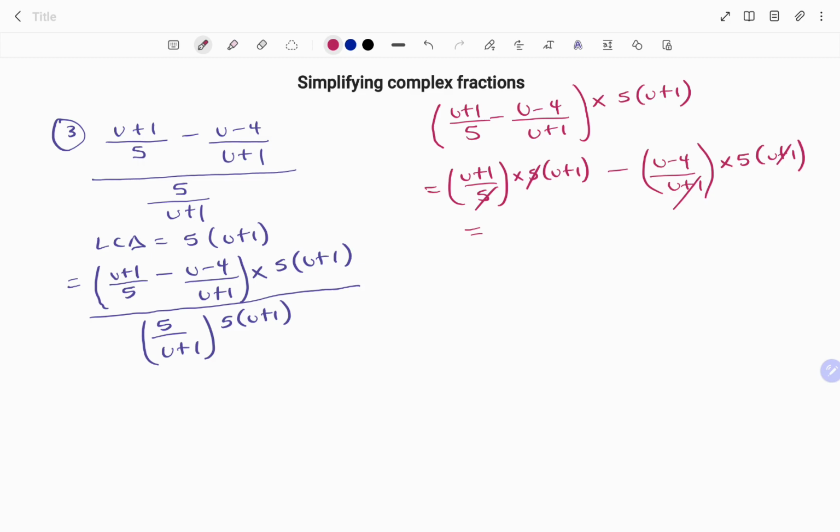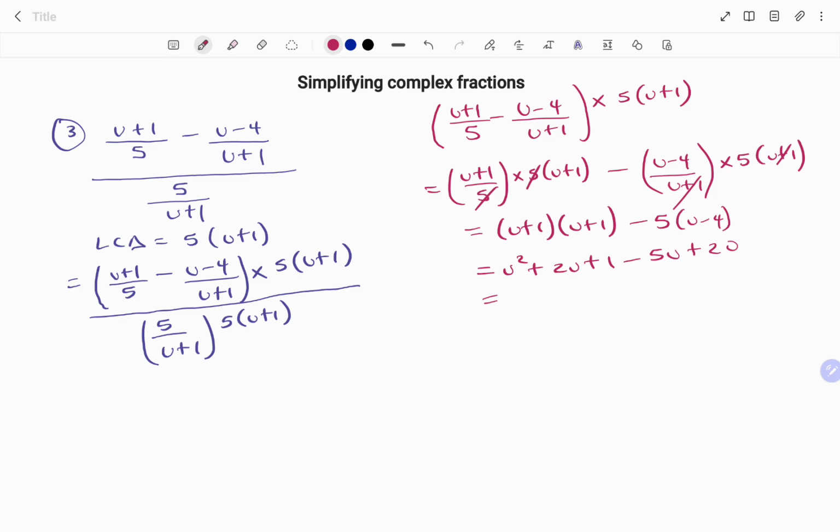I have with me (u plus 1)(u plus 1) minus 5(u minus 4). If I FOIL or expand my binomial, I'm going to have u squared plus 2u plus 1 squared, which is 1, minus the 5 multiplies all the terms, 5u plus, because minus 5 times minus 4 will give me plus 20.